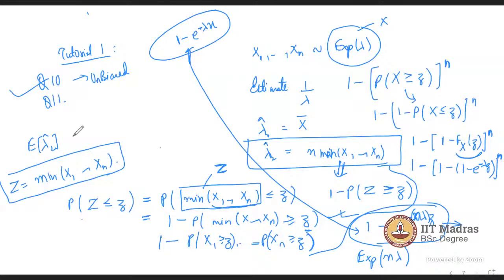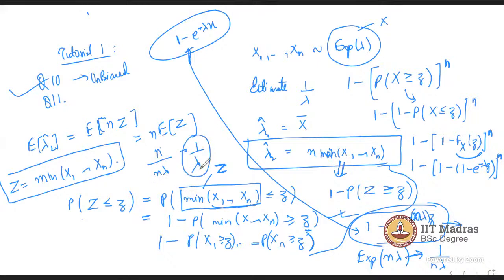So if you find the expectation of n times, let's say I'm writing this as Z, this is going to be n times the expected value of Z. And what is going to be the expectation of an exponential with parameter n lambda? 1 upon n lambda. So n upon n lambda is again going to be 1 upon lambda.